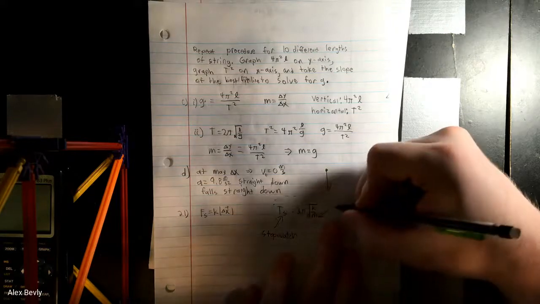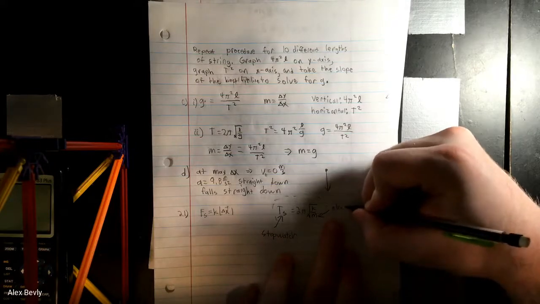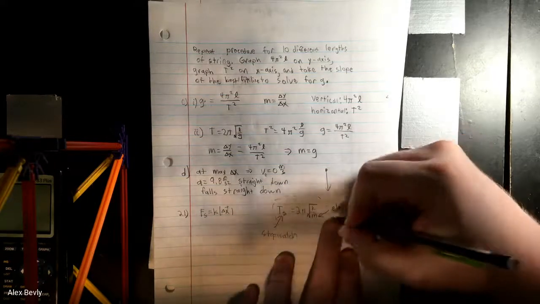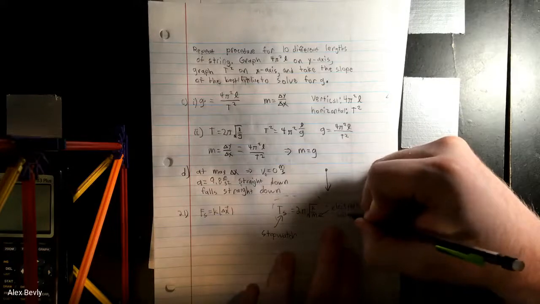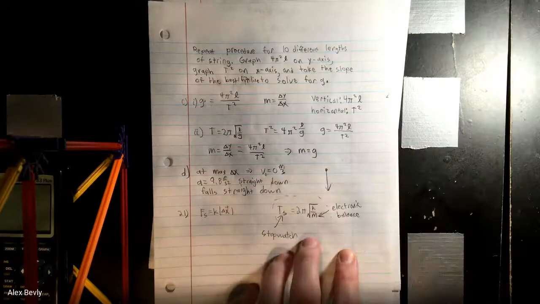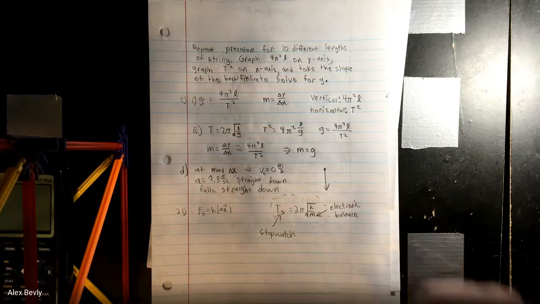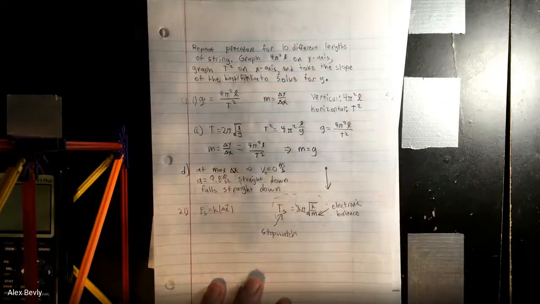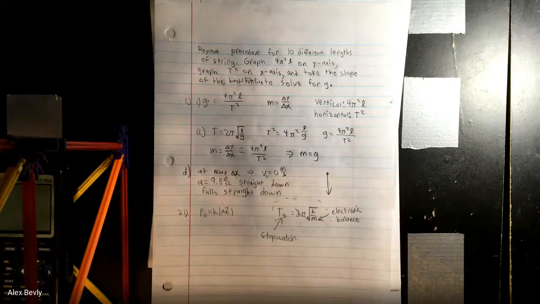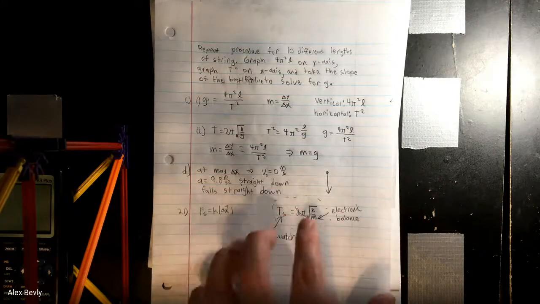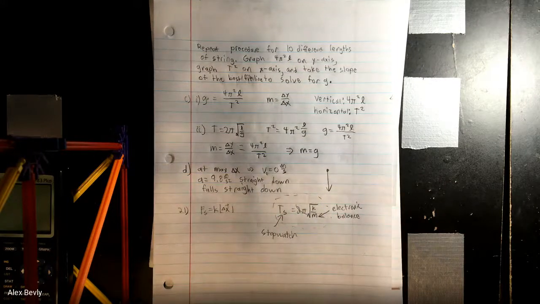An electronic balance. Electronic balance or a scale. There we go. And then we don't need to measure 2 pi. That's a constant. So if we have these two values, then we can get our spring constant. And a calculator. You don't necessarily need a calculator, though.